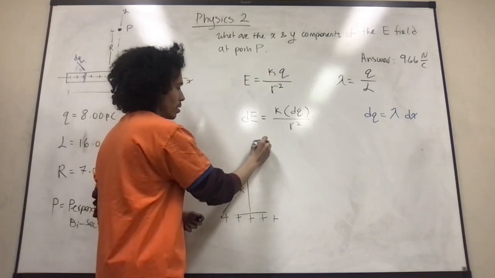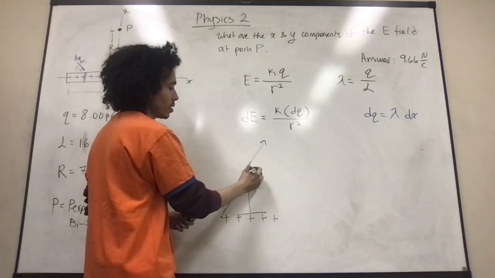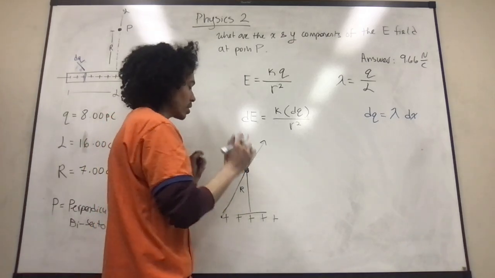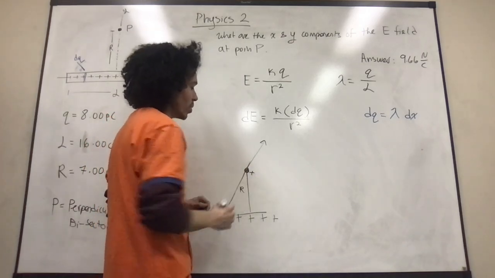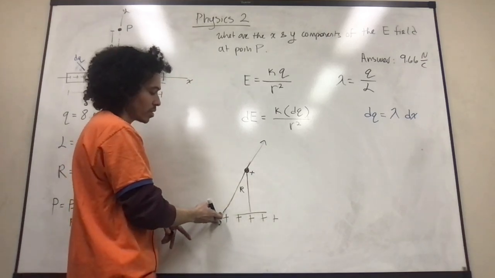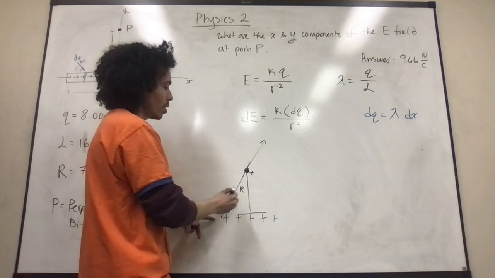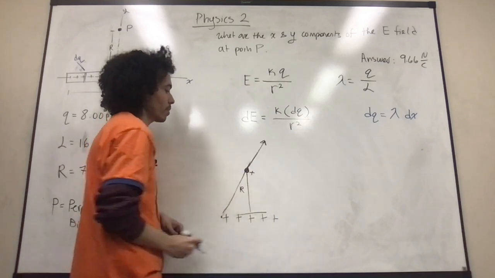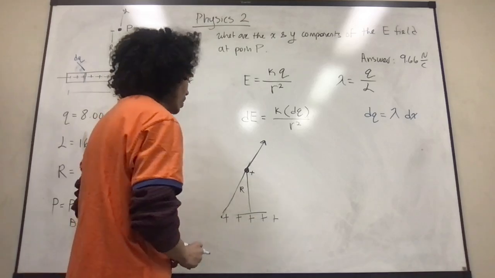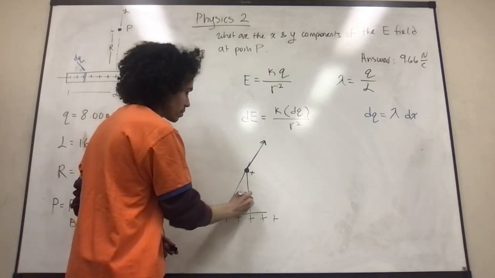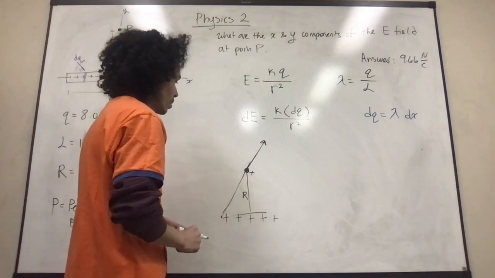The reason it's going out is because we imagine a test charged particle here being positive. If there's a positive charged particle and you have a positive test charge, it's going to tend to go outward, away from it. I move this r over here.